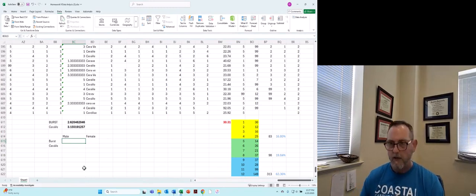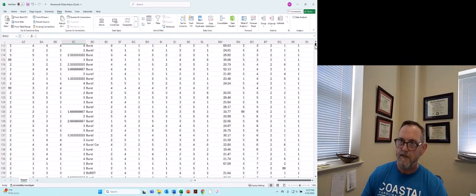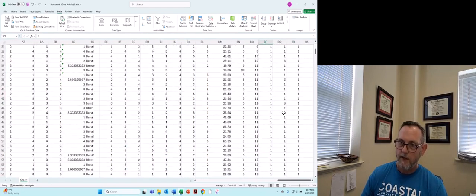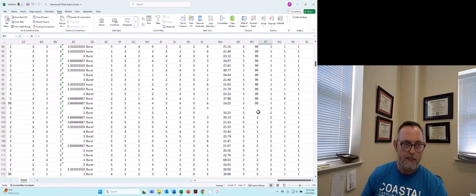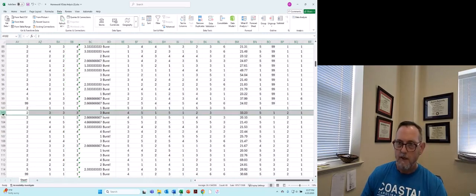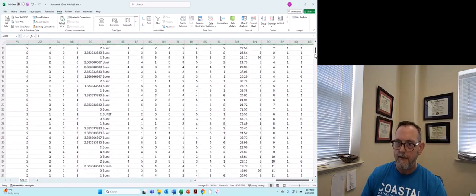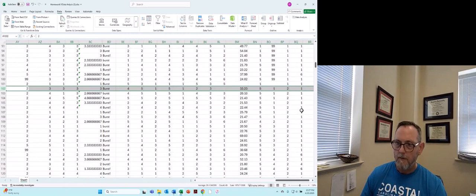So now what we need to do is go up to the top and look at the very first set of data. So we look at these guys here and these guys here. We know ones are Burst and ones are males. So we've got to go down here and see where this stops. Okay, so at some point here, let me move this over.